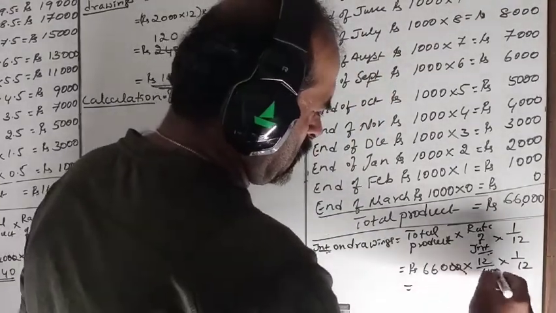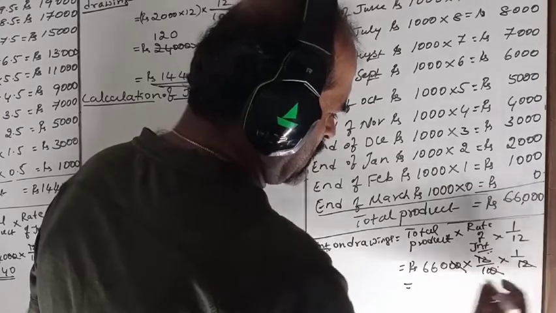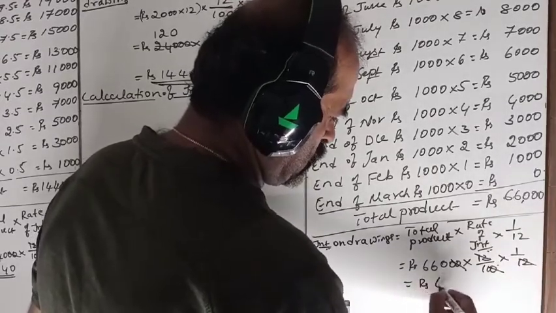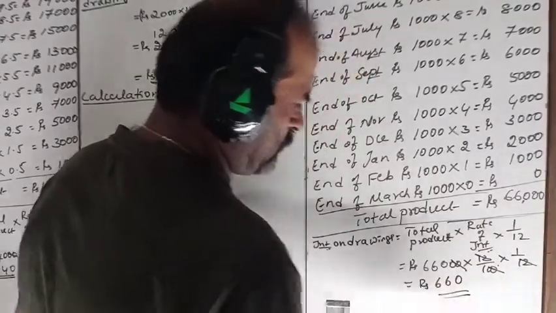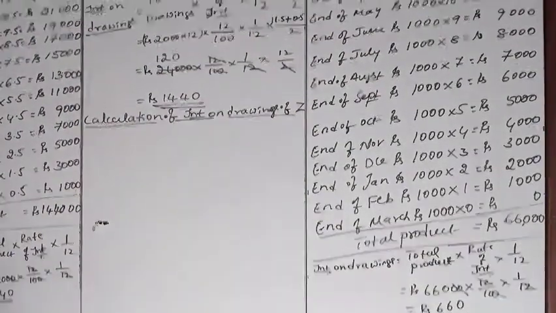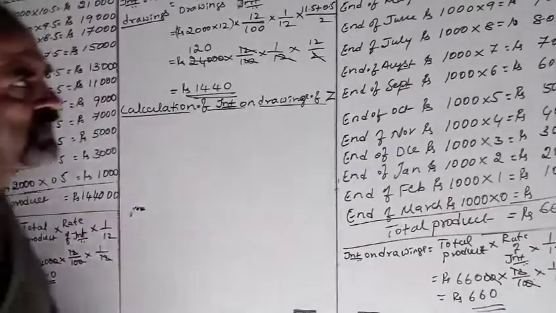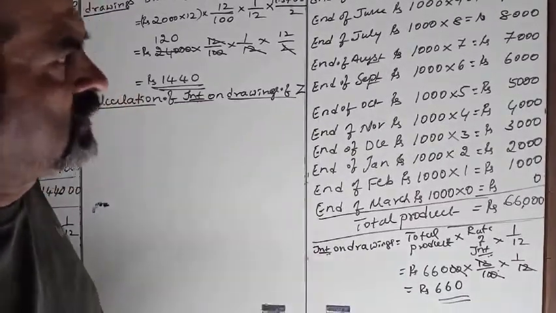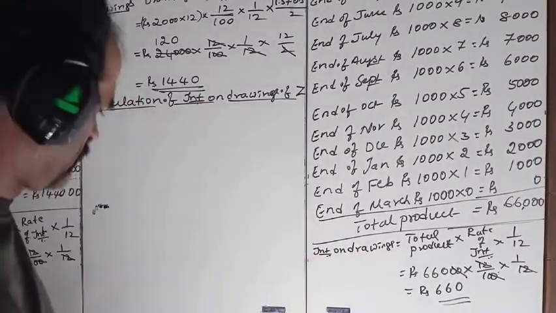The 00 cancel, the 12s cancel. The answer comes to rupees 660. It is the answer under the product method, when the partner withdrew at the end of every month rupees 1000 at the rate of 12% interest.